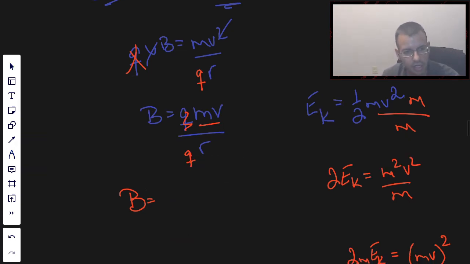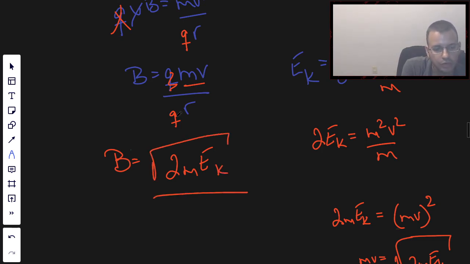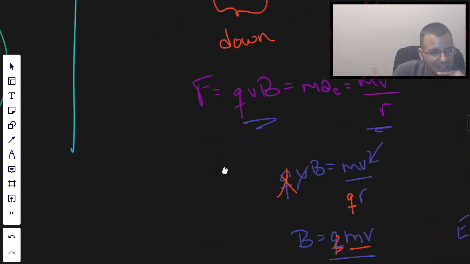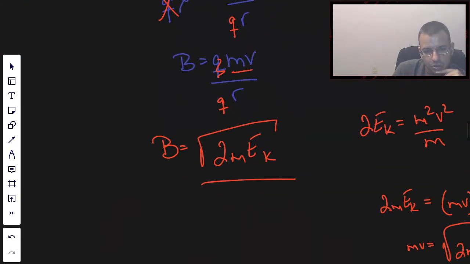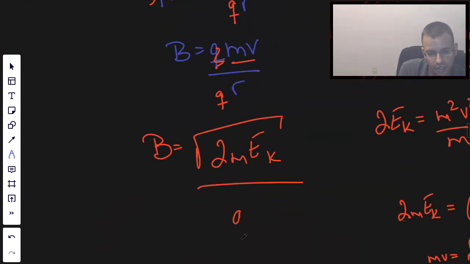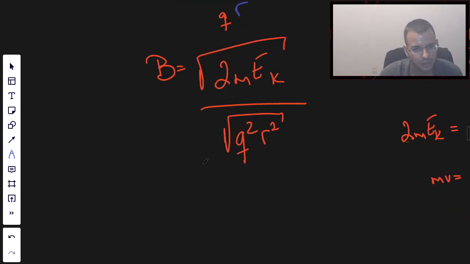So this is going to be the square root of 2 times mass times kinetic energy, all over QR. The whole thing is under the square root. So I'm going to square the Q and square the R, and to basically undo that, I square root it. The idea is like 2 squared is 4, square root of 4 is 2, so you can kind of square and square root things. You're going to have to trust me on this one.